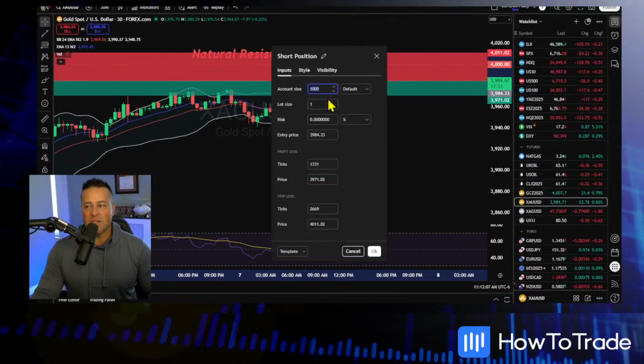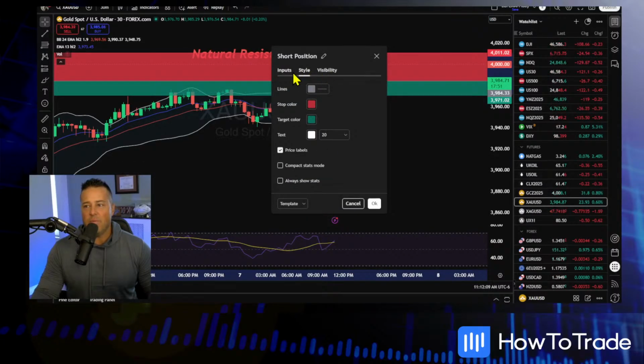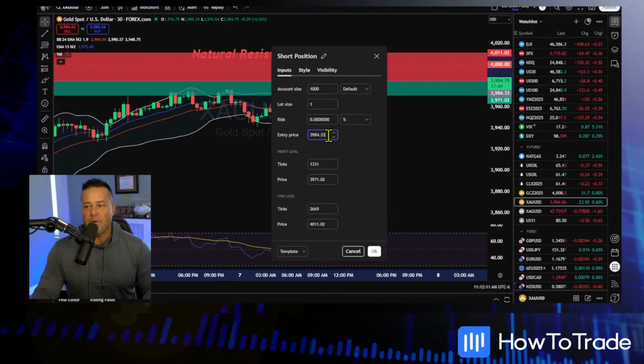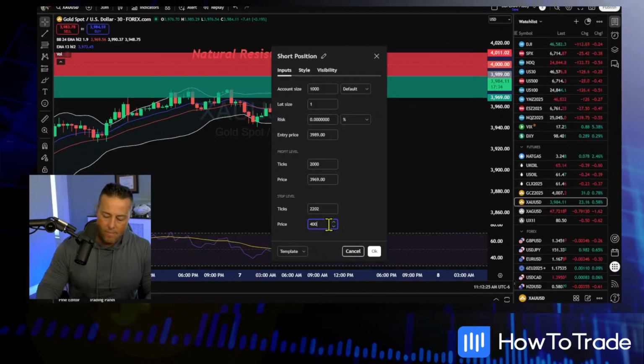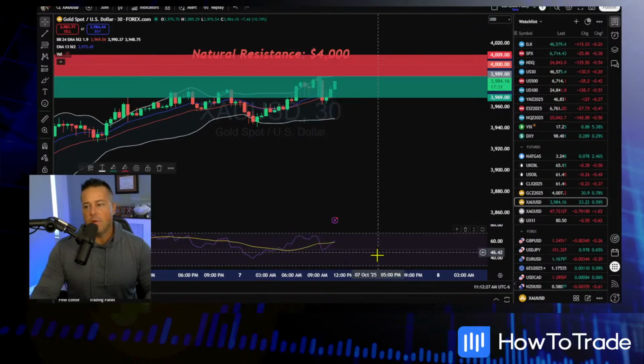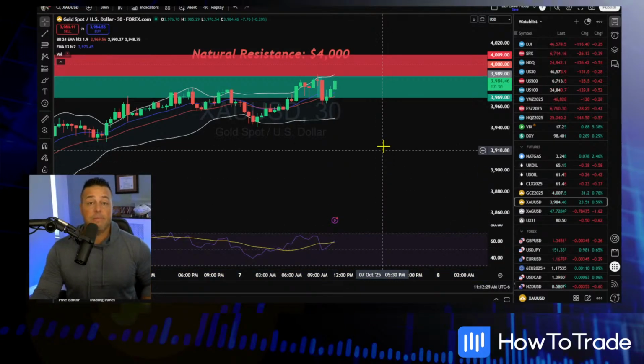I got to line this up because it's throwing me off. The bottom line was this. Your entry price was 39.89. We had this drawn up in our trade ideas. Your profit level was 39.69. And then your stop loss was going to be 4,009. A lot of nines, right? That was a real beautiful thing.